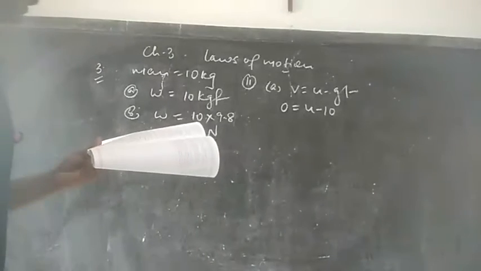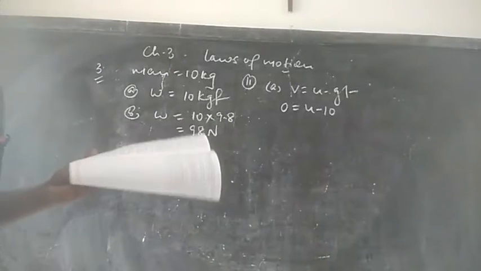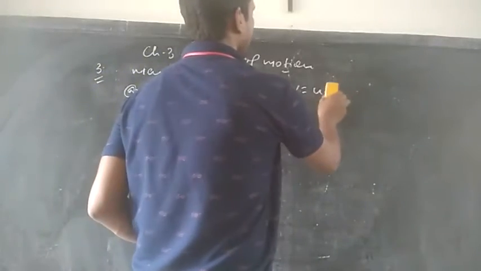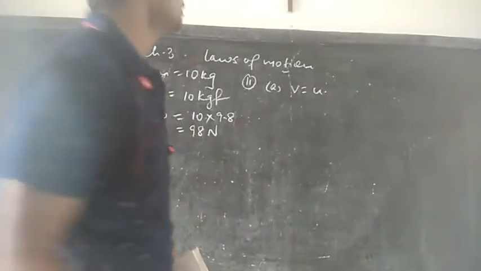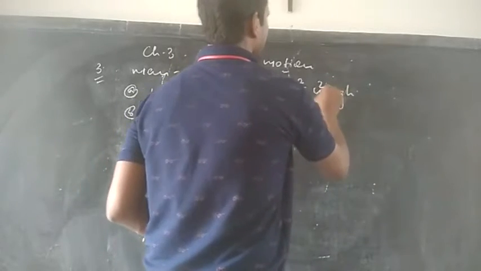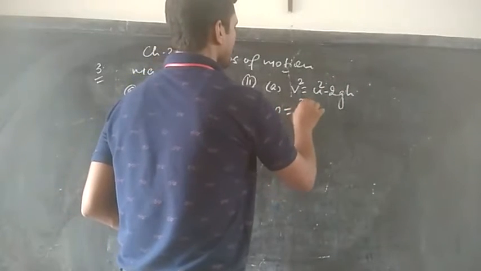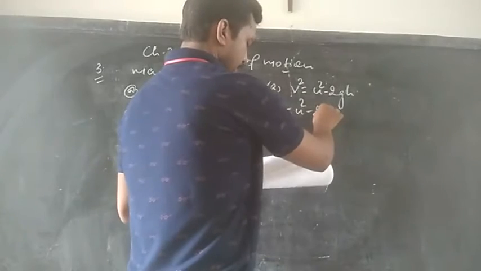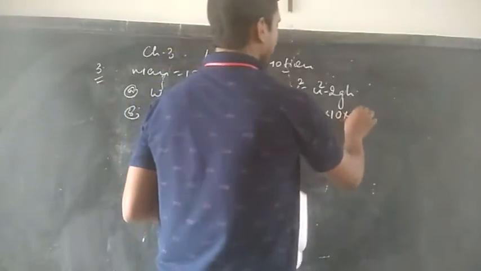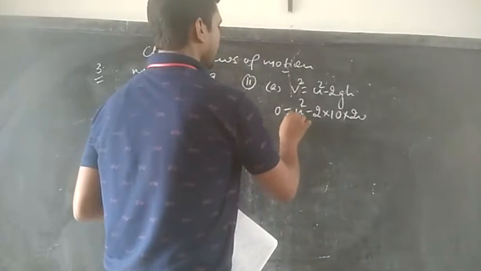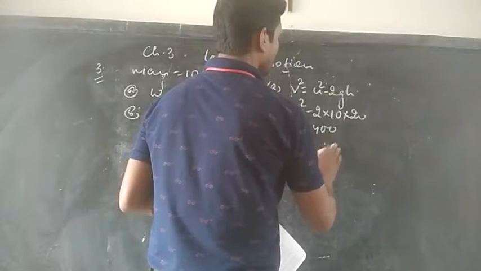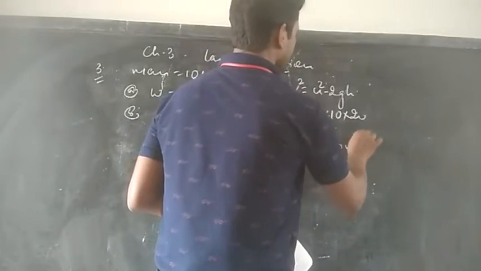But here the time is not given, so we can change this equation and write v square is equal to u square minus 2gh. v is 0, u square, the value of g is 10 and the height is 20 meter. So we are getting u square equal to 400, that is u equal to 20 meter per second.